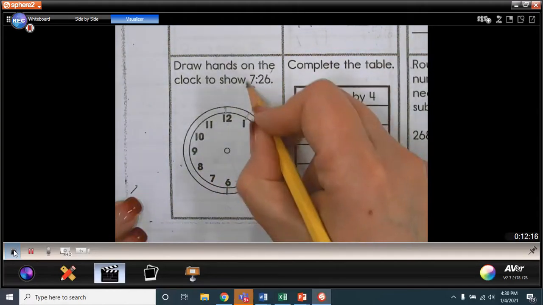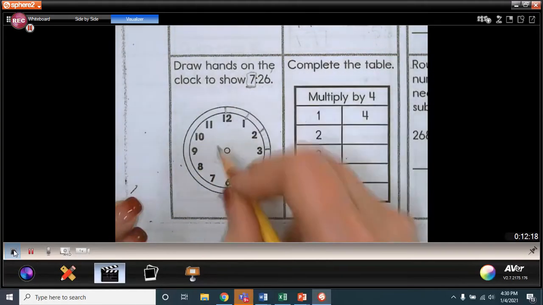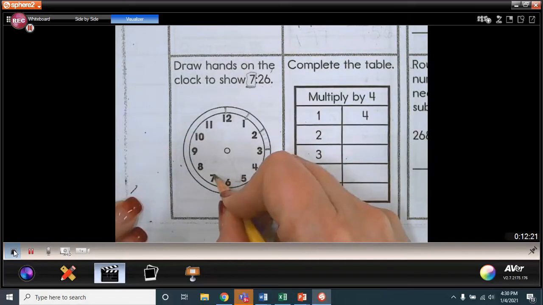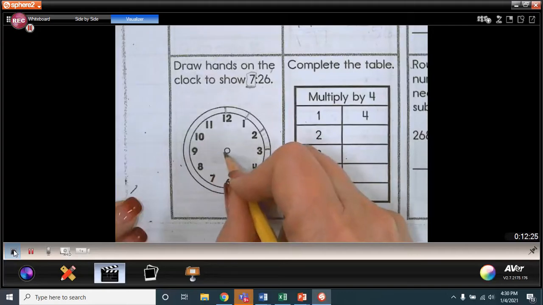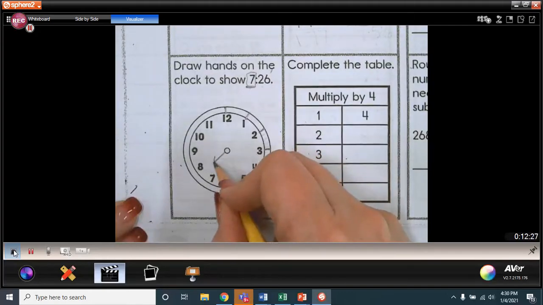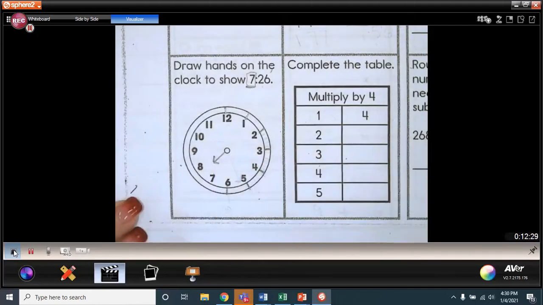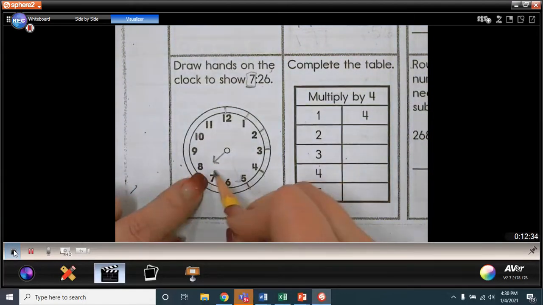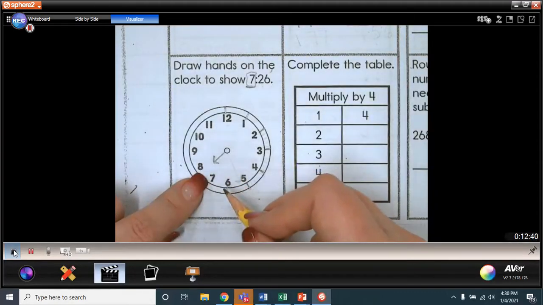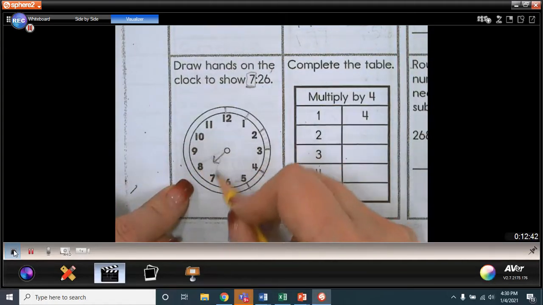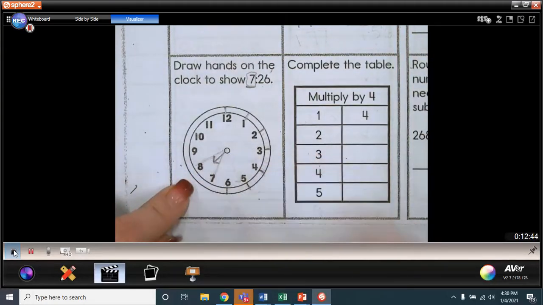So it's not 7 o'clock, it's not 8 o'clock, but it's going to be moving towards 8. So that's going to be in the middle of our hours of 7 and 8. We don't want it pointing directly at the 7 or directly at the 8. It's in between the 7 and the 8, in this area right here.